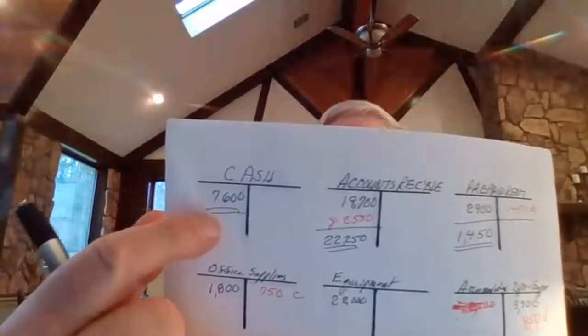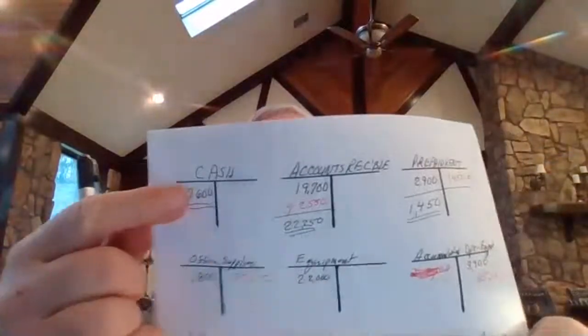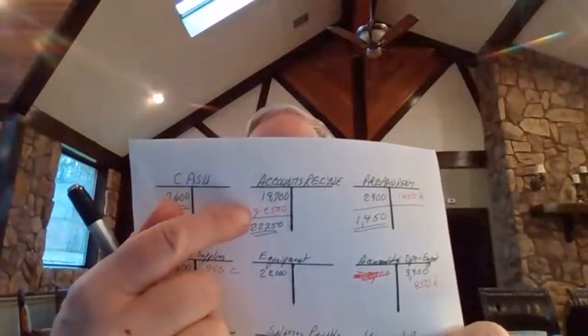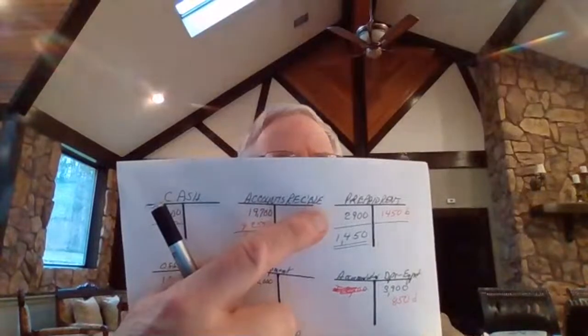You can see cash wasn't affected. Accounts receivable was affected. Prepaid rent was affected by the respective adjusting entries. Office supplies, $1,800 was the balance. $750 were used. So we got a credit, leaving us a balance of $1,050 in office supplies. Equipment is what it is.